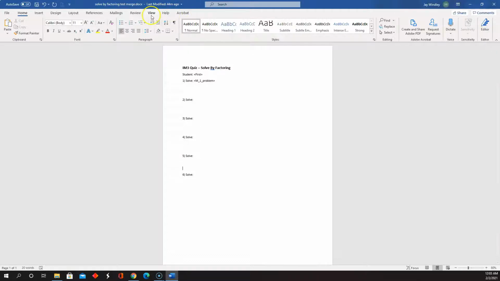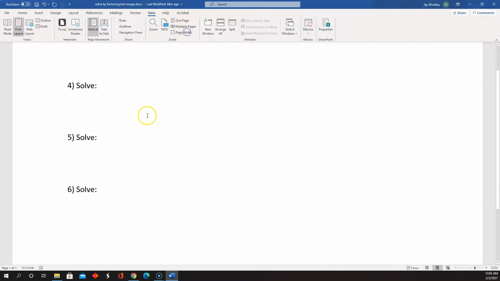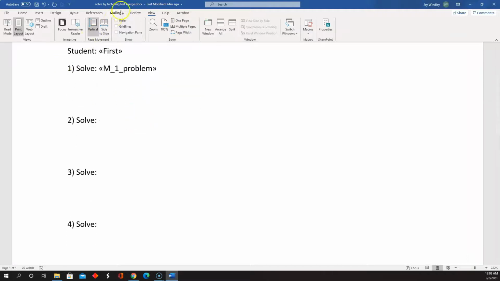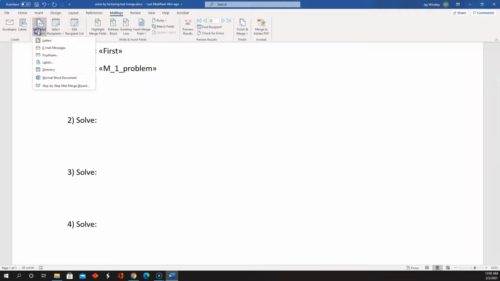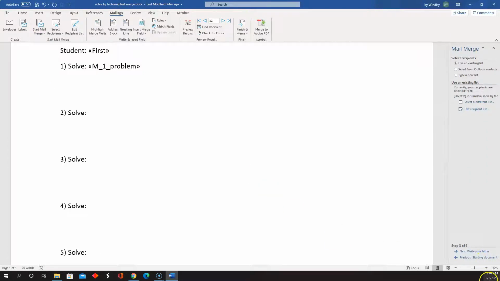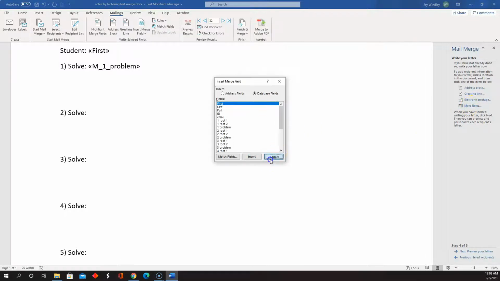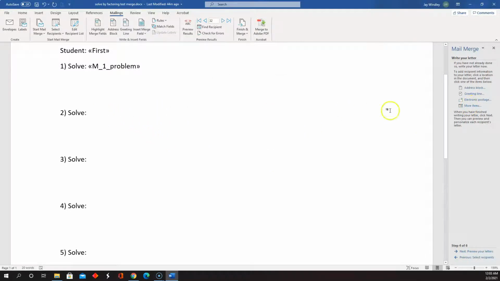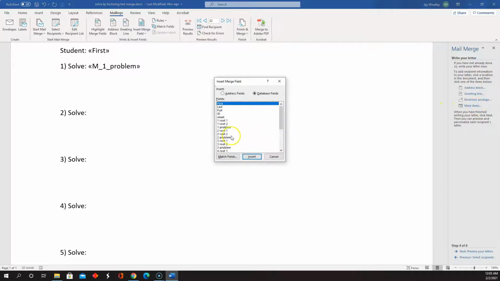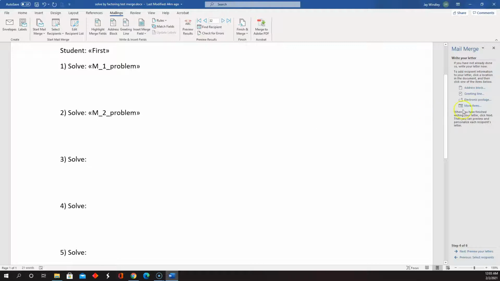Okay, so now we come back over here to the Mailings tab, Start Mail Merge Step by Step, and we go to the next step, and we click on More Items. Whoops, let me put my cursor right here where I want problem 2. More Items, problem 2, bam, close. Put my cursor here.